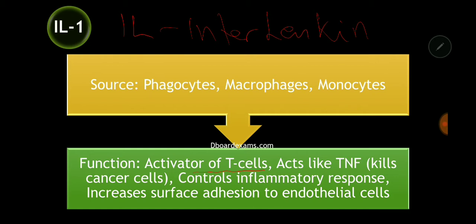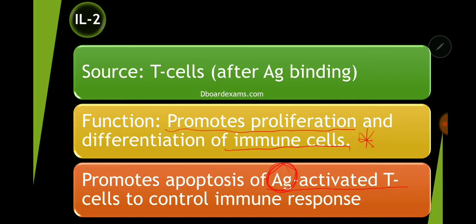The function of IL-1 is to activate T cells. Also, it acts as a tumor necrosis factor, which kills cancer cells. It also controls the inflammatory process and increases surface adhesion to endothelial cells. Make sure you know the functions of these interleukins.